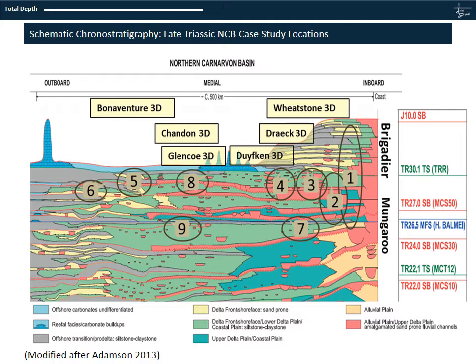We're looking at a number of significant events, two of which are the maximum flooding surface, the H. Balmy in the deeper part of the Mungaroo, and also we see a flooding surface at the base of the Brigadier Formation, near the top of the Mungaroo.